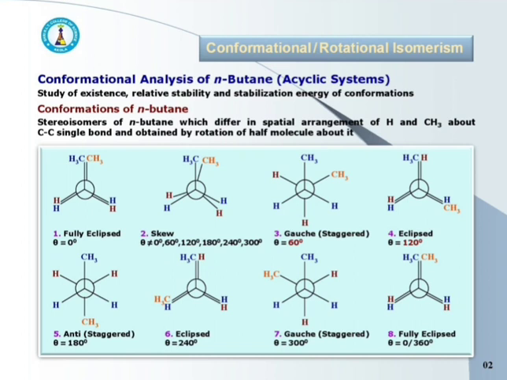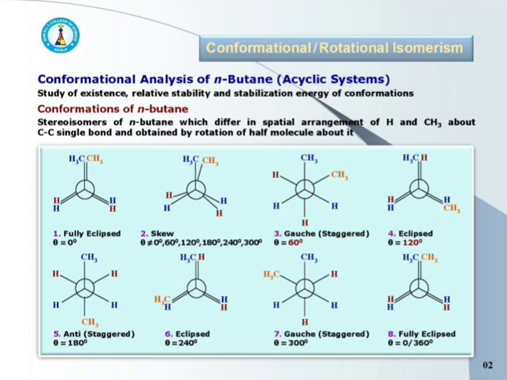Different conformations of n-butane are shown here on this slide. First one is the fully eclipse conformation with dihedral angle 0 degree. Here CH3 groups are close to each other.